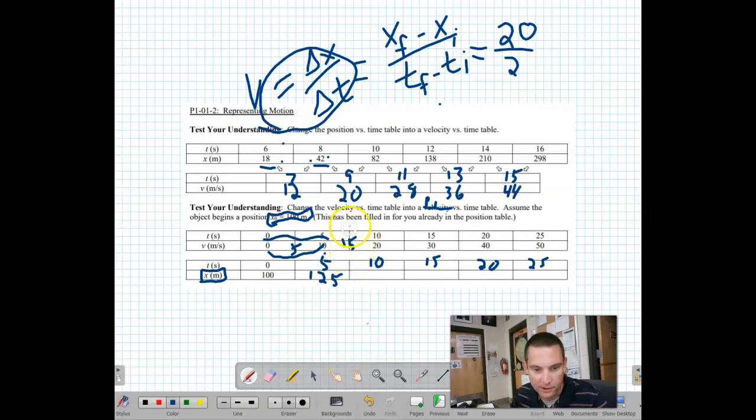And then the time interval again is 5. 15 times 5 is going to give us 75. So now we're going to take that 75, because remember that is our displacement, it's not our position. Take that 75 and add it to the position that we were at to get us at the 200 meter mark, or 200 centimeter mark.